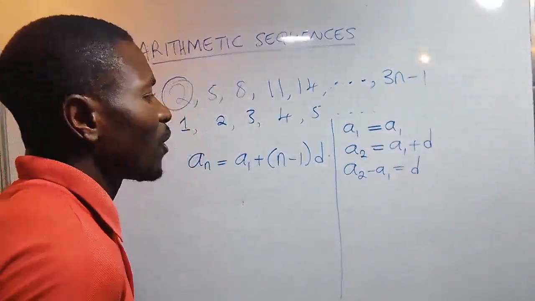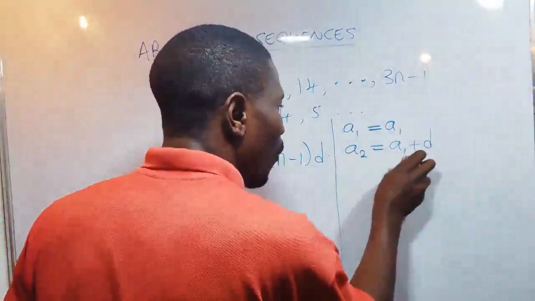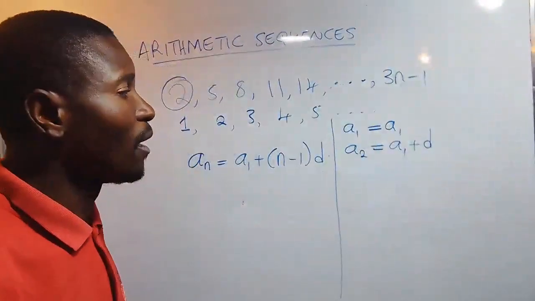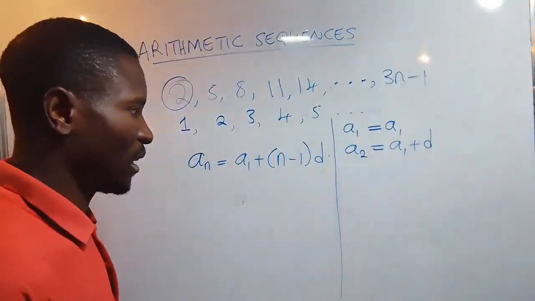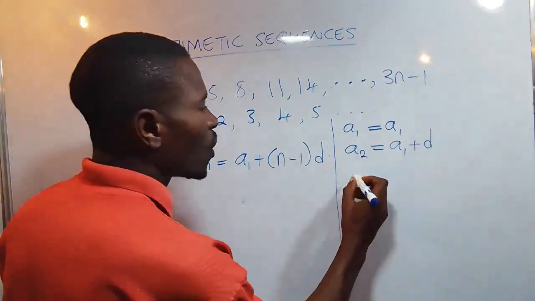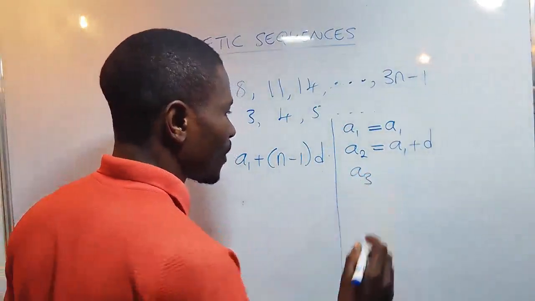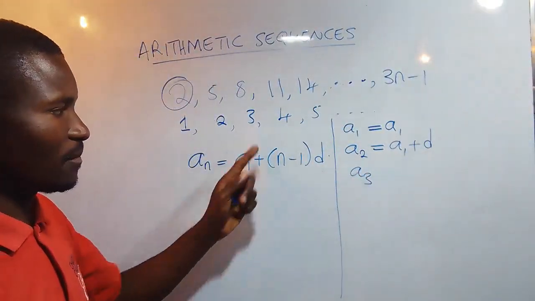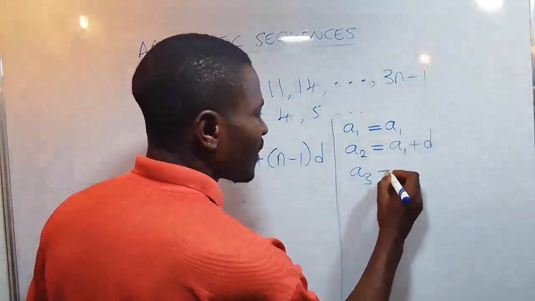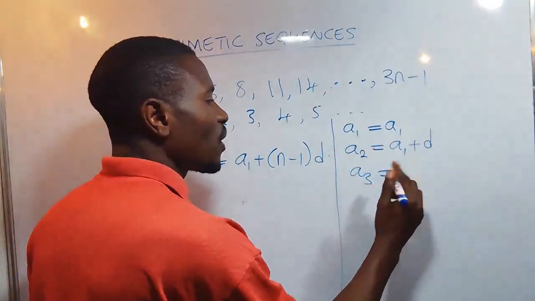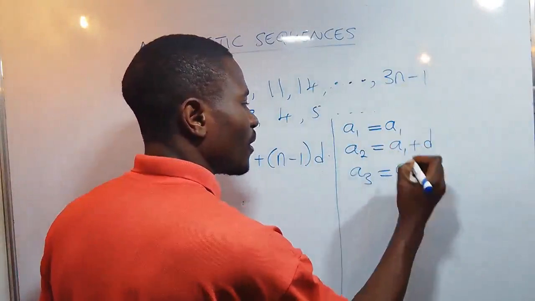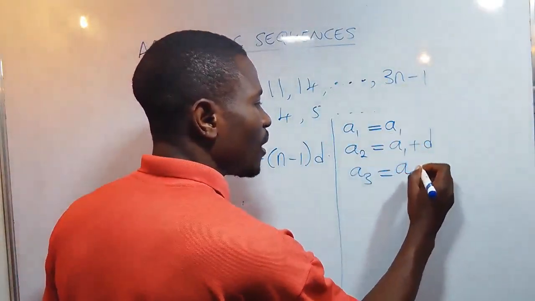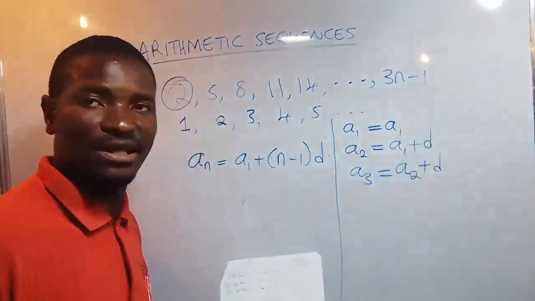Now, I'm not going to show you the formula for finding the difference, but I keep going like that. I'm going to go to the third term. The third term is equal to the previous term plus the difference.